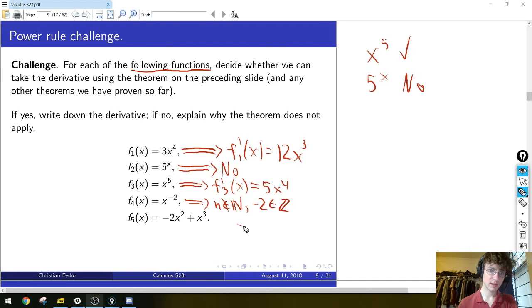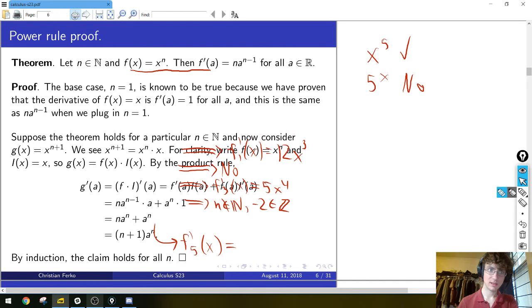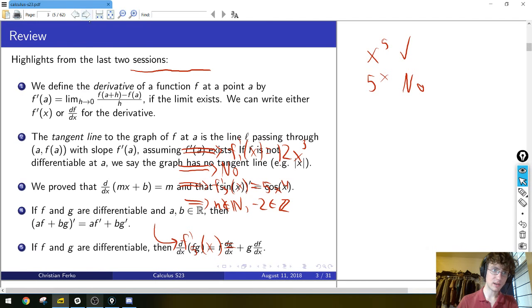Good. How about this thing? Can we take the derivative of this using the theorem and any other results that we have so far? I believe we can. Okay, what's the derivative? It's just going to be very painful. Oh, I mean, it's not that bad. Just do it in 2 pieces, right? Have we proven that the derivative of an addition is the addition of the derivatives? Is the derivative of a sum the sum of the derivatives, you're asking?